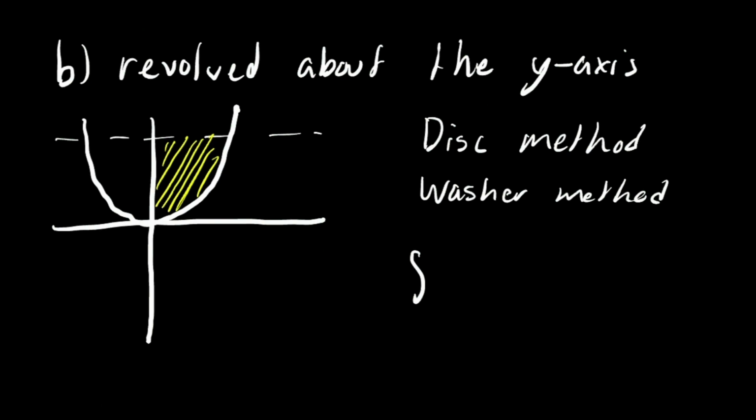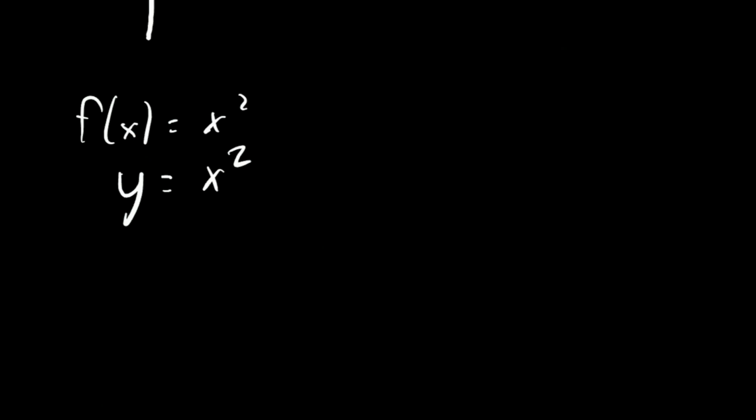So let's cut all this out. So we have f of x equals x squared, or y equals x squared. Well, to get it as a function of y, we just have root y, well, technically plus or minus, but that's irrelevant for this problem, equals x. So now we can do our formula the same as we've been doing.